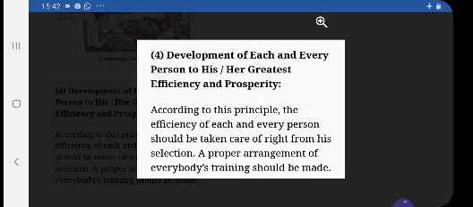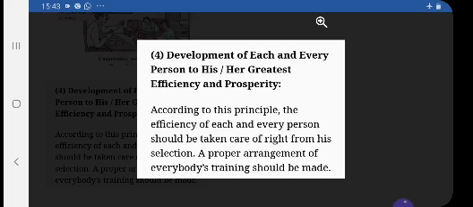And the same thing is also given by F.W. Taylor, that workers should be given fair wages, and he should be given proper training to fulfill his standard of living.